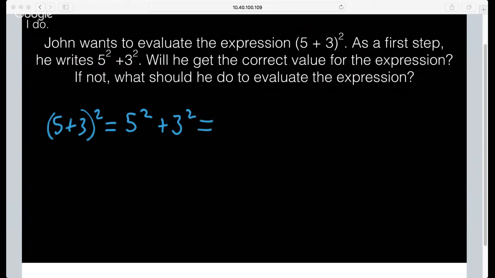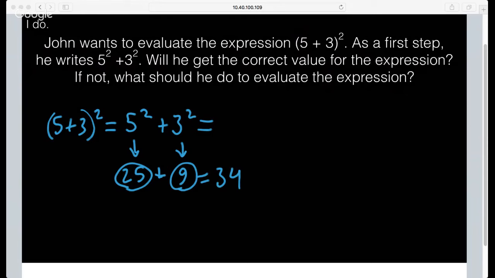So 5 squared is 25, 5 times 5. 3 squared is 9. And so ultimately we have 25 plus 9, which will be 34.